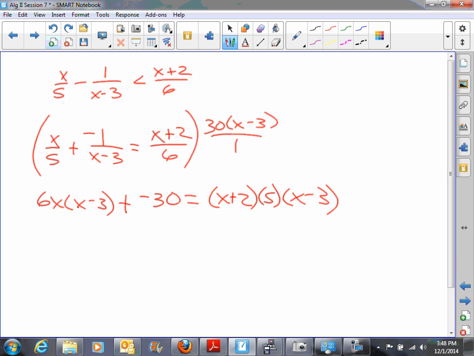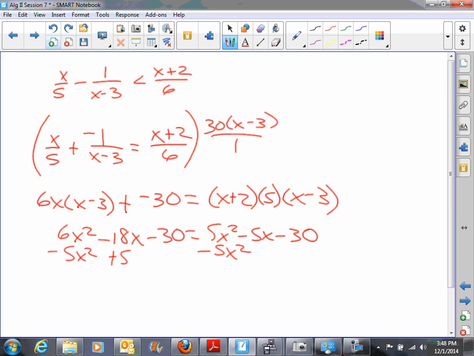So we get 6x squared minus 18x minus 30 equals, now, x plus 2 times x minus 3 is x squared minus x minus 6, times 5 is 5x squared minus 5x minus 30. Now this is going to be a quadratic equation, so we'll first subtract 5x squared from both sides, add 5x to both sides, and add 30 to both sides.